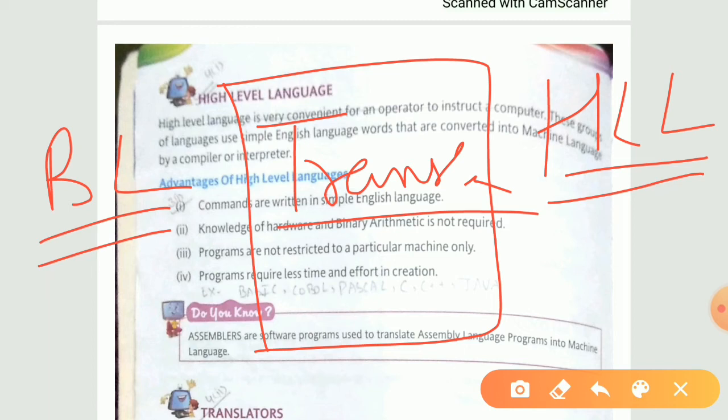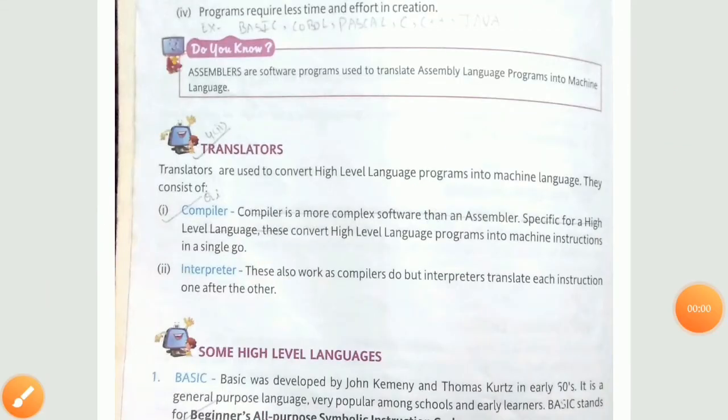Now you know the working of the translator, that is, the purpose of this particular software. Now we have two types of translators as you can see on the screen. First one is your compiler and the second one is your interpreter.